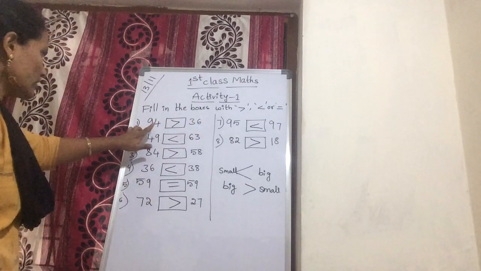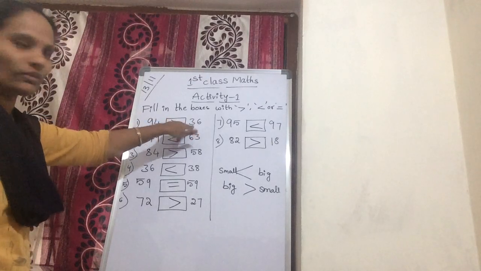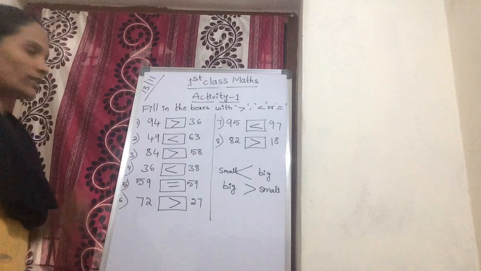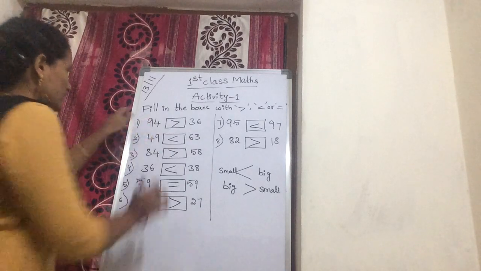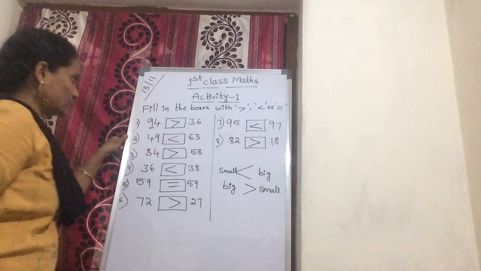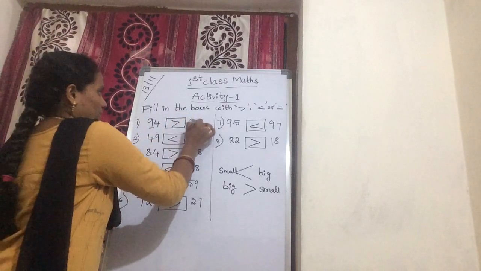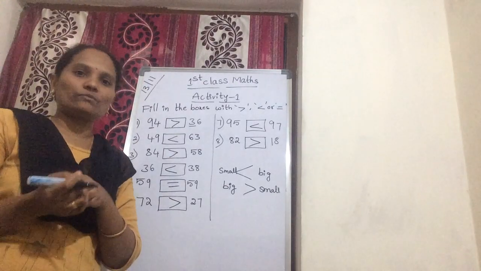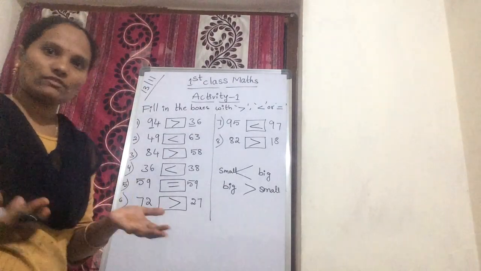Now we are comparing in the tens place. In the first number in the tens place, which number is there? 9. In the second number, 3 is there. Now tell me, children, in single digits what is big and what is small? Yes, you know.